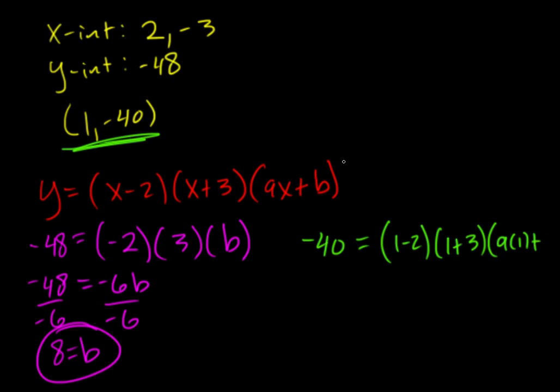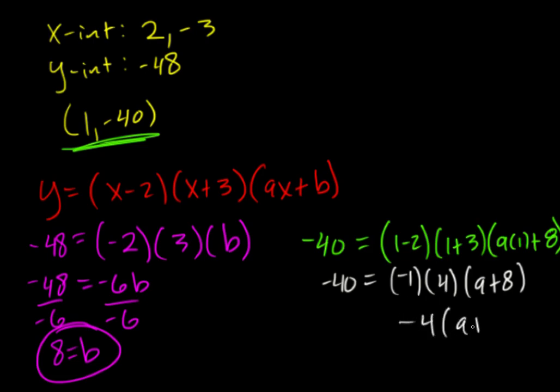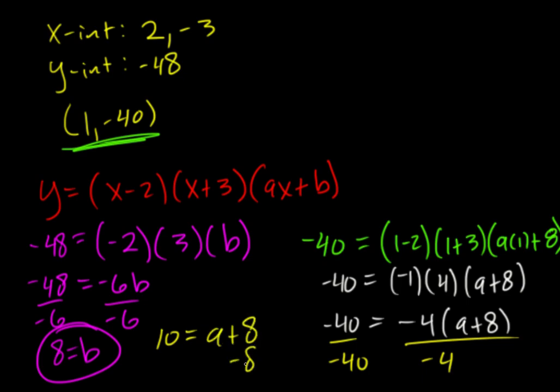And I'm going to plug in my b value as 8. Alright, so we should be able to solve for a when we simplify this. So we get negative 40 equals negative 4 times (a plus 8). Divide by negative 4. So we have 10 is equal to a plus 8. Subtract 8, and a is equal to 2.